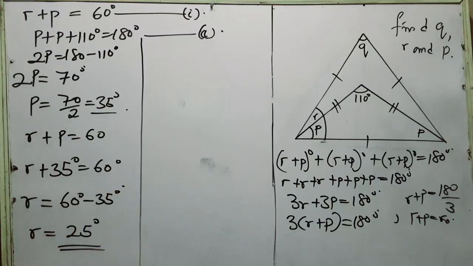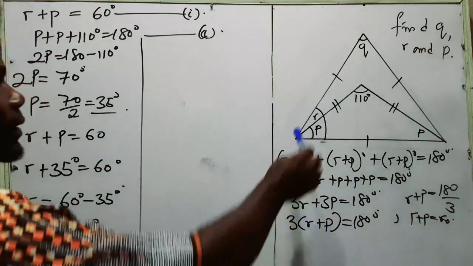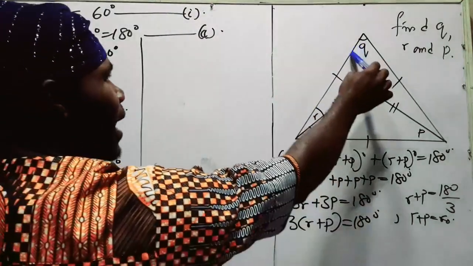So if the value of R is now 25 degrees, and I said earlier that this is an equilateral triangle, and the equilateral triangle has the property that here is also what?